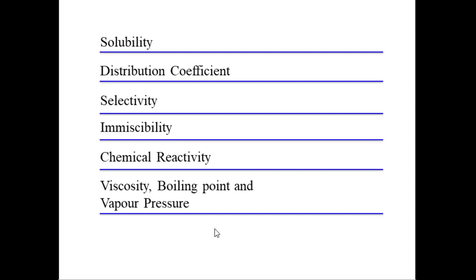That means a higher distribution coefficient value implies that the solute has higher affinity for the organic phase. So the higher distribution coefficient means the more easily the solute will be extracted into the organic phase. So this is again an important property to be considered.